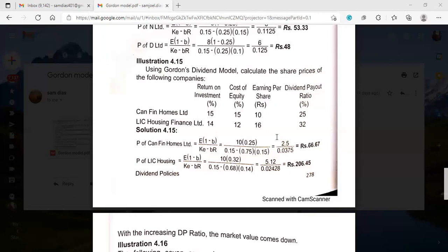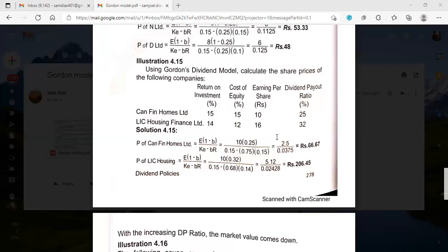So B is 0.75, and R is the return on investment, also given in the problem, 15%, so 0.15. If we do all the calculations, we'll get 2.5 divided by 0.0375, which leads to rupees 66.67, the market price of a share of Canfin Homes Limited.